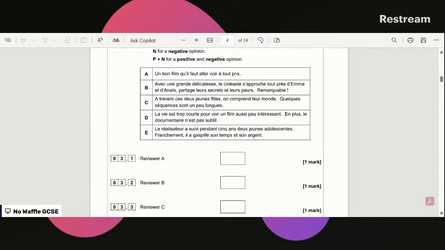Le réalisateur a suivi pendant 5 ans de jeunes adolescentes. Franchement, il a gaspillé son temps et son argent. So that again is negative. So the phrase il a gaspillé means wasted. He's wasted his time watching it and wasted his money.